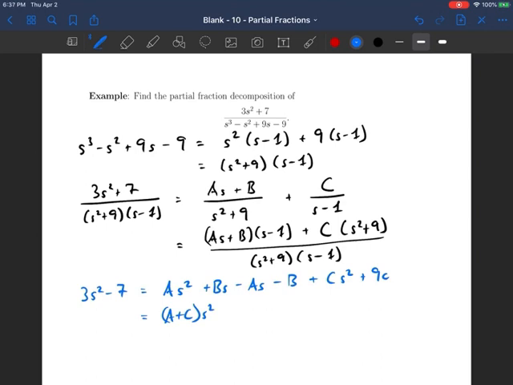So let's gather our terms together. The s squareds, we have (a plus c) times s squared. The s terms, we have (b minus a) times s. And then we have minus b plus 9c.